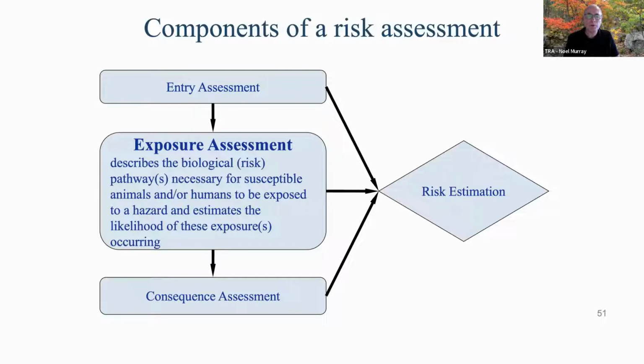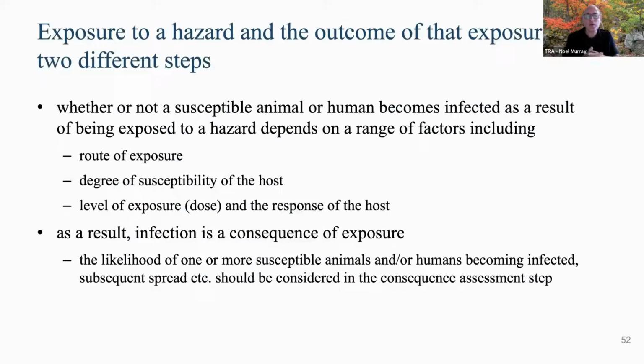So for the exposure assessment, now we're looking at describing the biological or risk pathways necessary for either animals or humans to be exposed to a hazard and to estimate the likelihood of those exposures occurring. So it's important to think under the OIE framework, exposure to a hazard and the outcome from that exposure are actually two different steps.